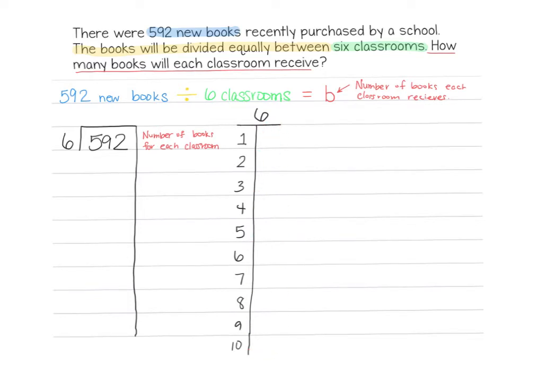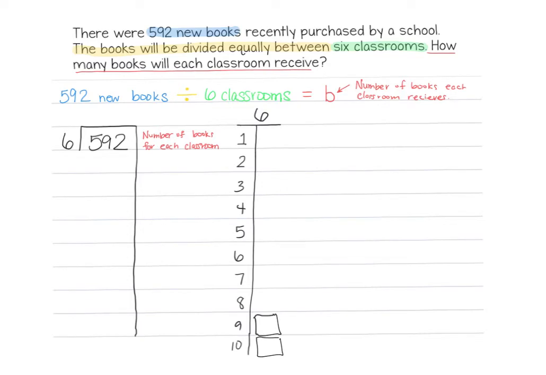Pause the video so that you can do this. Now the question is, where is 59 going to fall on our groups of 6? Where will 59 be? It will be between 54 and 60.